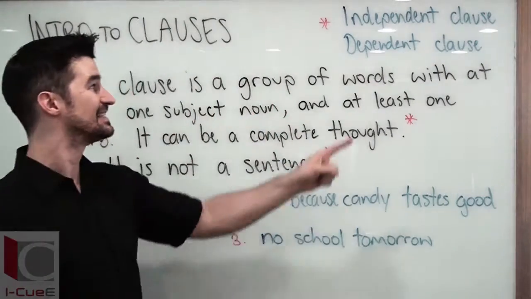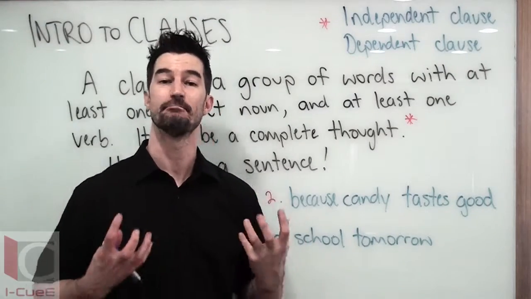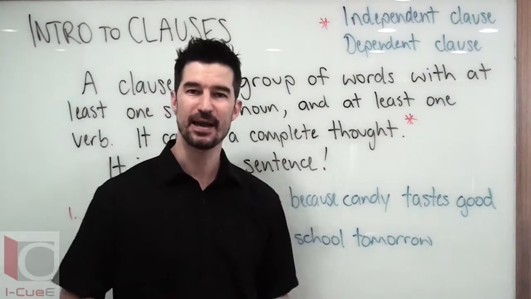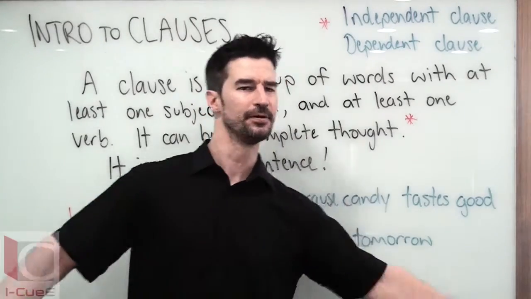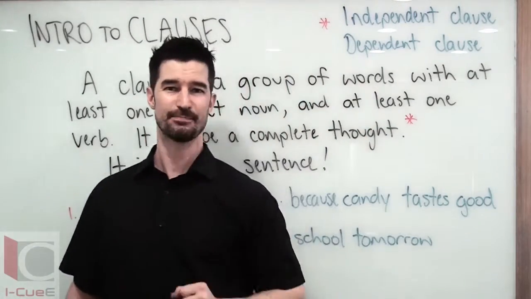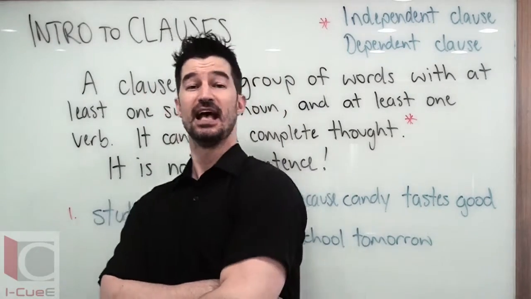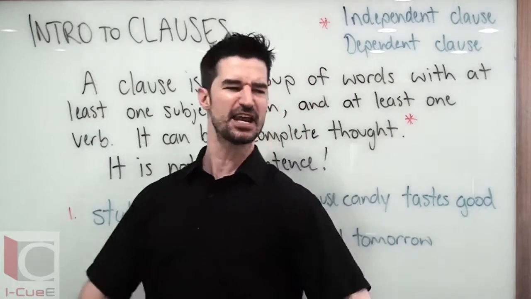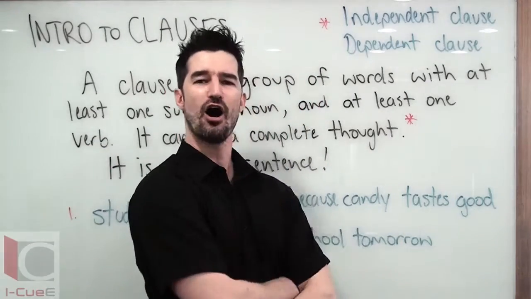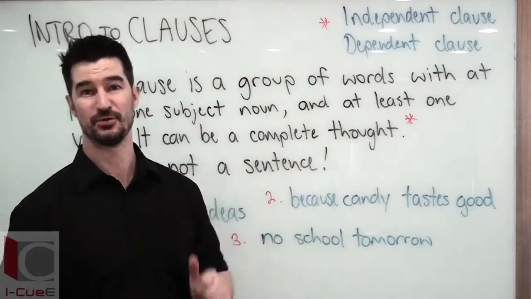And that means that dependent clauses can never be complete thoughts by themselves. Dependent clauses need the help of independent clauses. An independent clause doesn't need any help. An independent clause can stand up strong and tall all by itself. Now, it can help out dependent clauses.